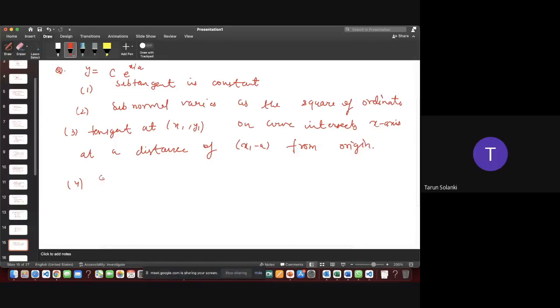The last is equation of normal at the point where the curve cuts y-axis is cy plus ax is equal to c square. Okay, so these are the 4 points.